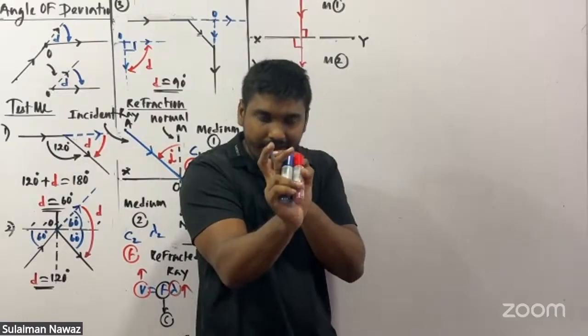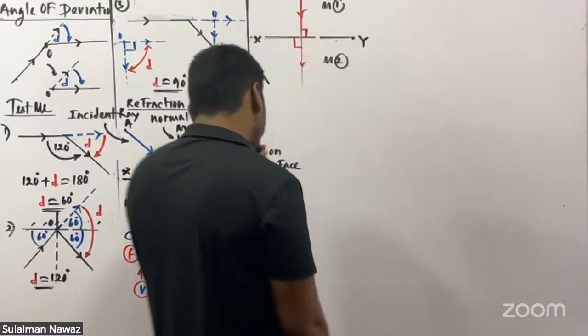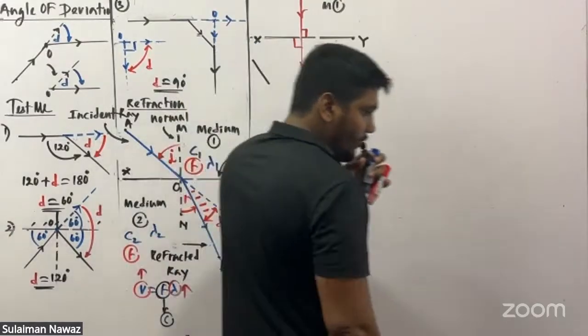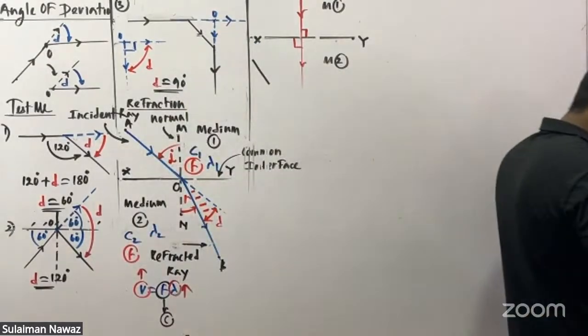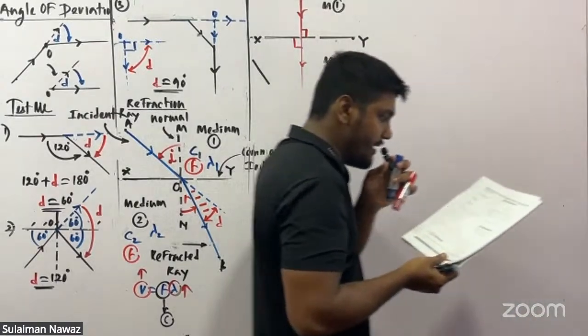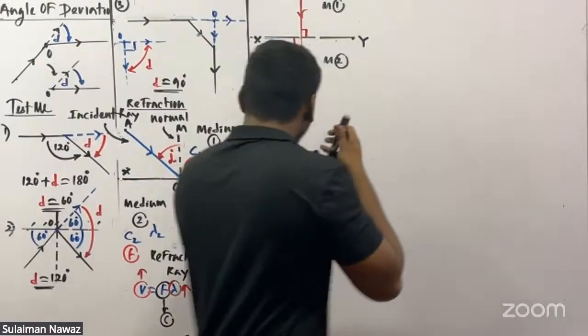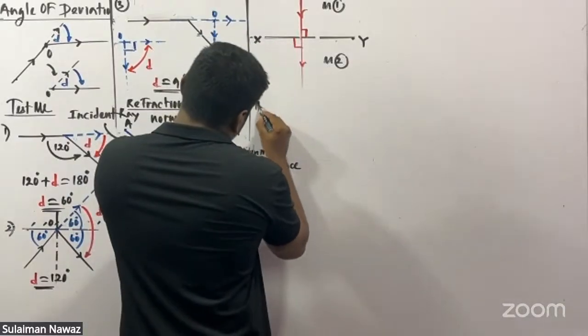Depending on the speed of light in the medium, mediums can be categorized into two: rare medium and dense medium.